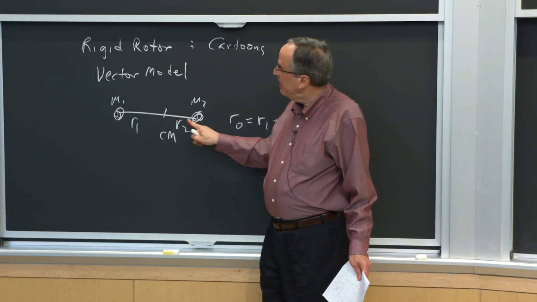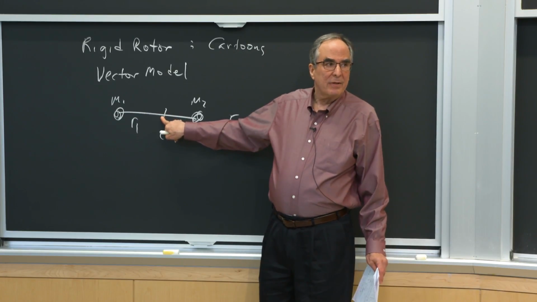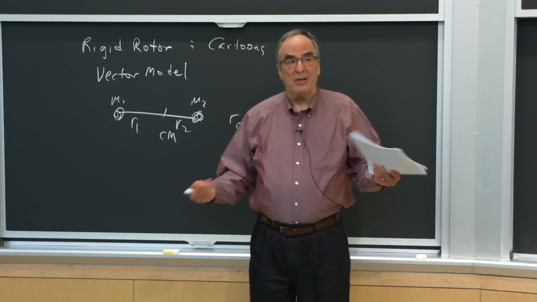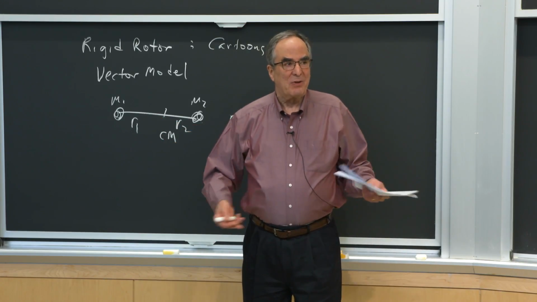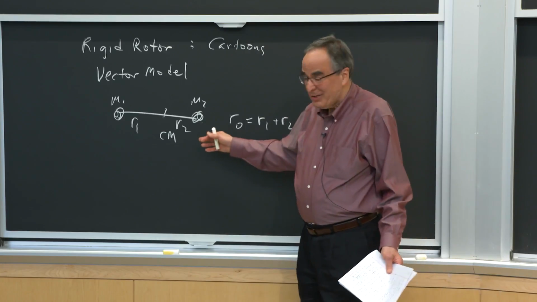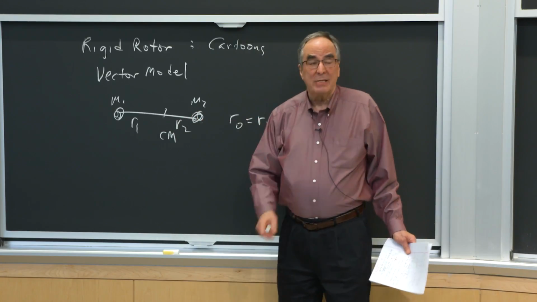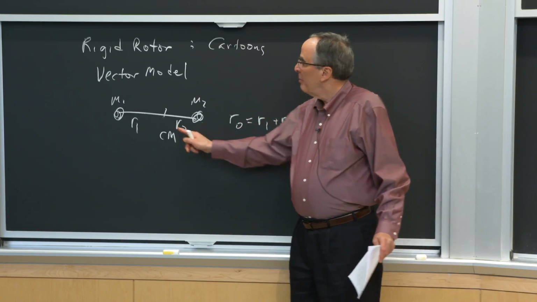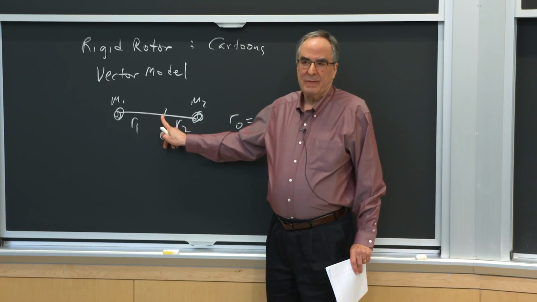And if the masses aren't equal, the center of mass isn't in the middle. You need to know how to calculate where the center of mass is. There are all sorts of simple algebra. But what is happening is this guy is rotating without stretching about the center of mass.